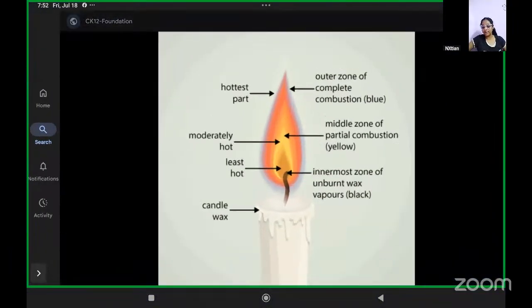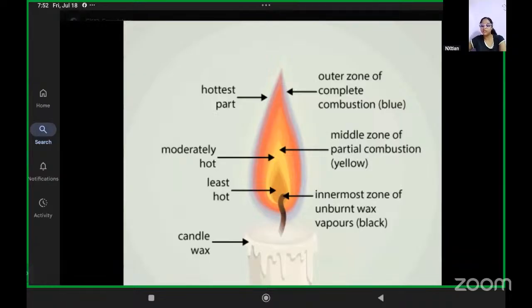We can see the diagram. The outer zone, blue in color, is the outer zone of complete combustion. It is also the hottest part. Then we have the middle zone of partial combustion, which is moderately hot, and then the innermost zone of unburnt wax vapors, which is black, is least hot, and below that is the candle wax that is melting.